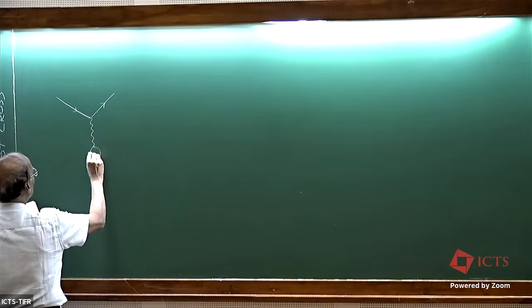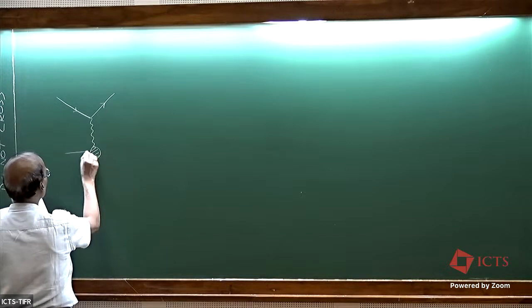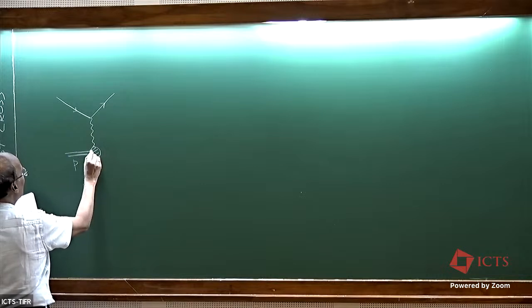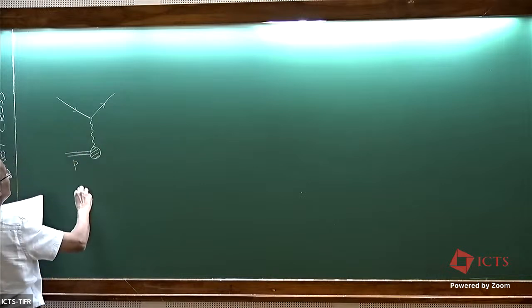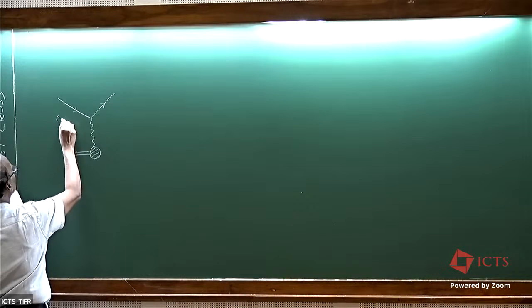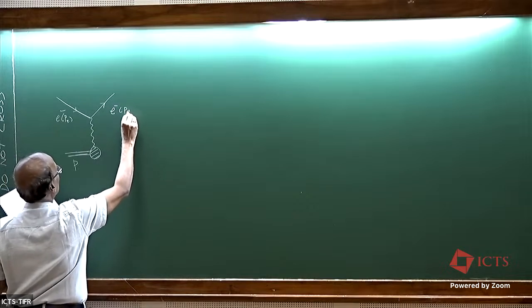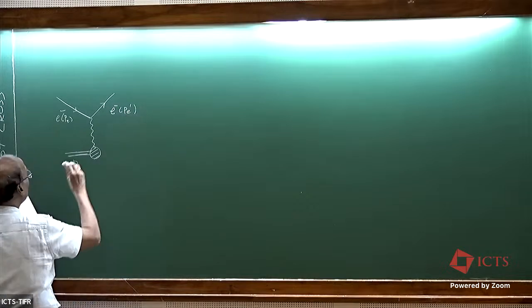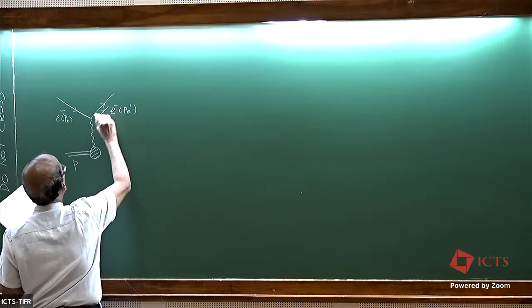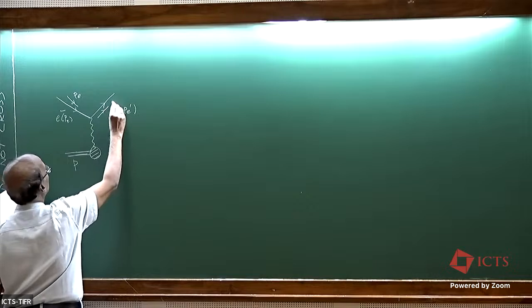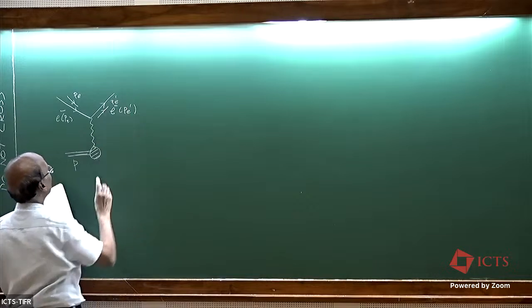So the process looks something like this. You have a proton, which I denote by this double line. Something is happening. This is an electron, let's say with momentum Pe. This is another electron which is scattered off, with momentum Pe prime. This is the direction of the momenta. This is P, and this is P prime.